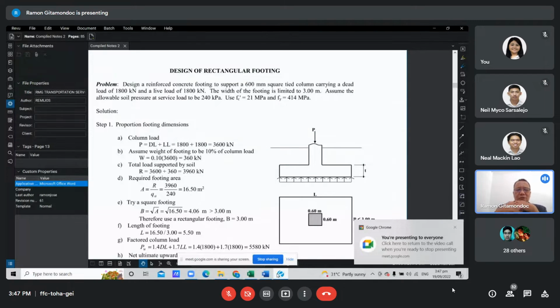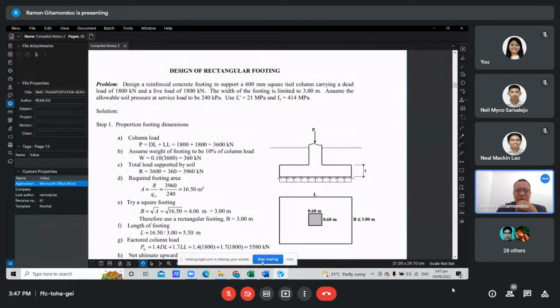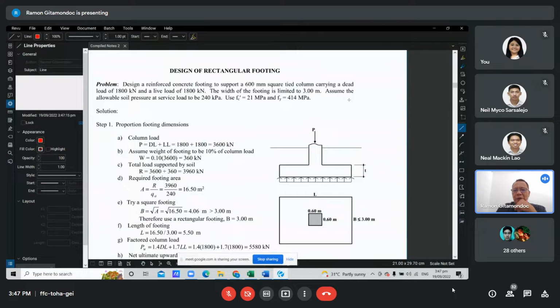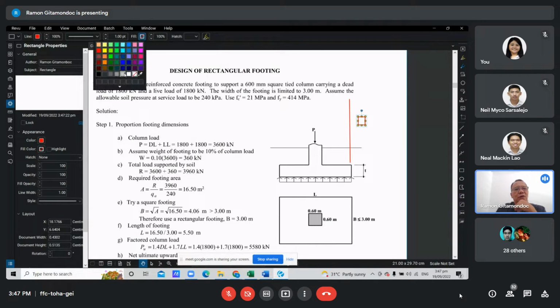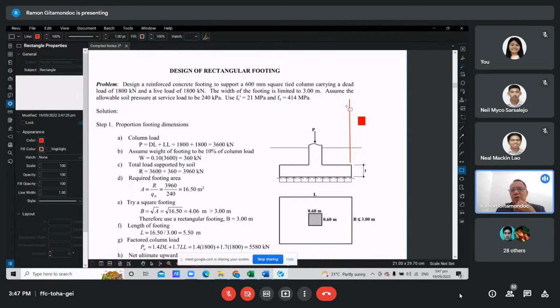So ano sa man ta mo gamit og rectangular footing? Now, sometimes when a footing is placed close to the property line, so for example, ang property line ni diri nga atong column, and if we use a square footing, gawas na siya sa property line, no?